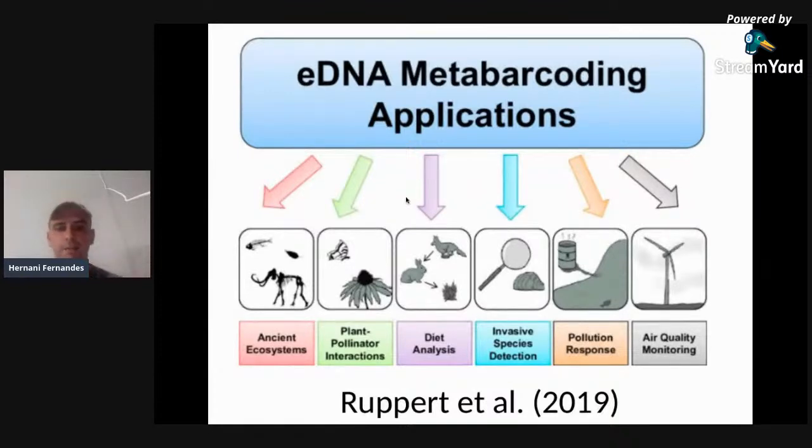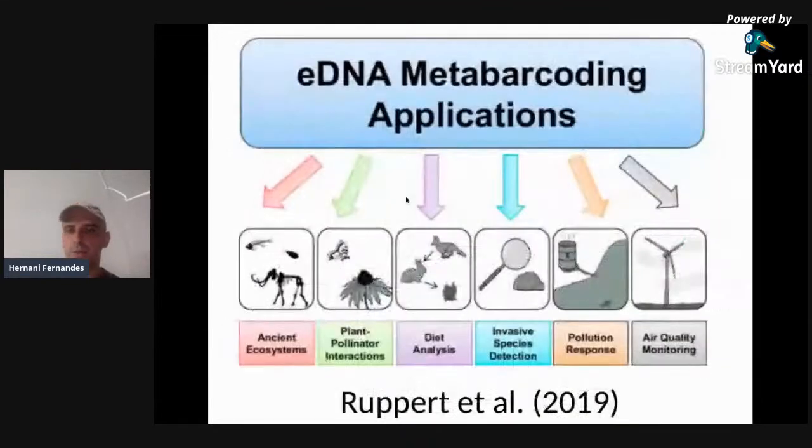You can sometimes even detect invasive species, so you can use this as environmental DNA and sample parts of the environment, such as watercourses, in order to see which species are present in these environments. You can see the response of species to pollution, and it has even been shown that we are able to catch eDNA from the air.